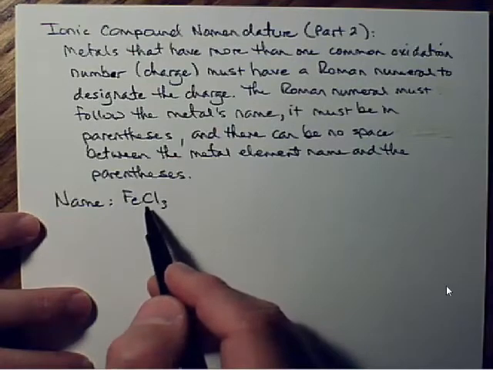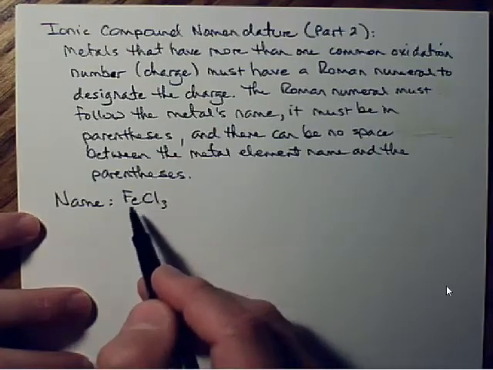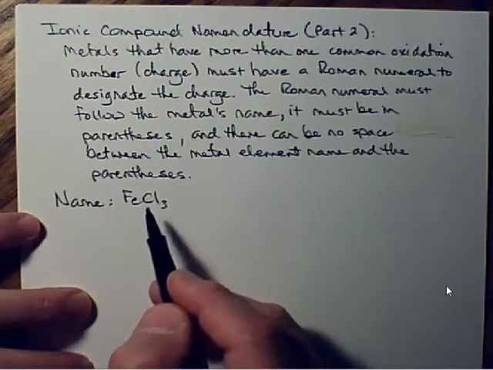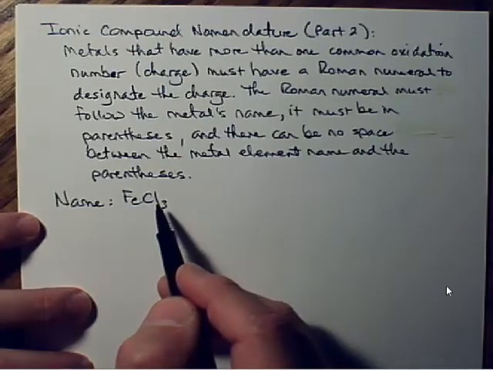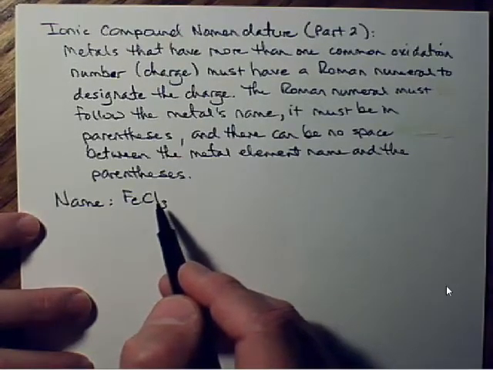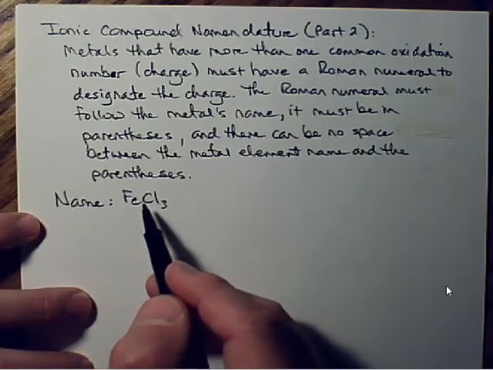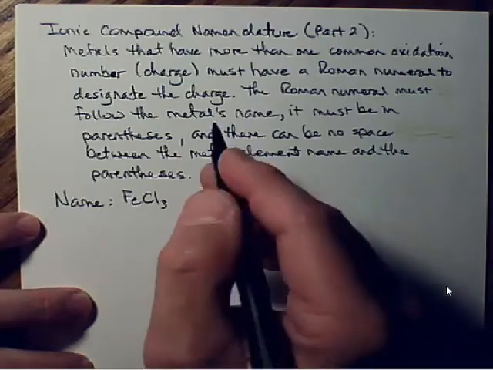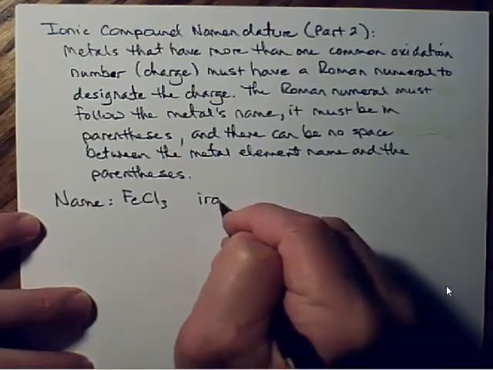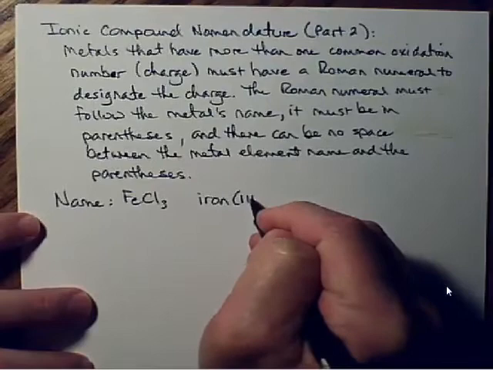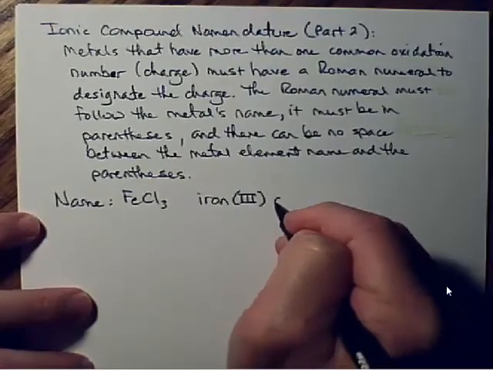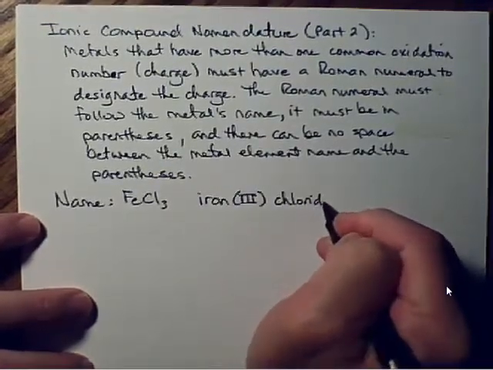Okay? And so when we have more than one oxidation number or charge number for that metal, we've got to name it with a Roman numeral. The Roman numeral is in parentheses. There's no space between the name of the metal element and the parentheses. Okay, so it's iron(III) chloride.